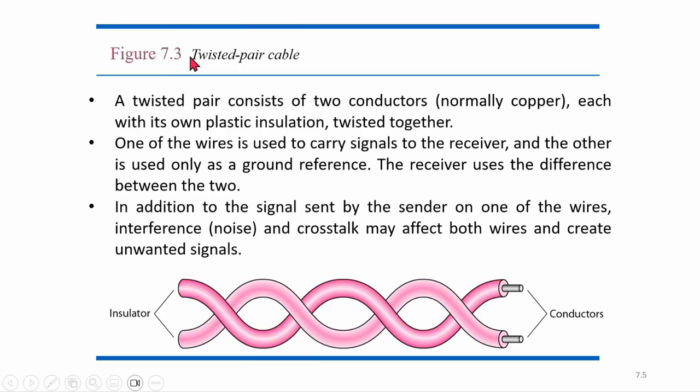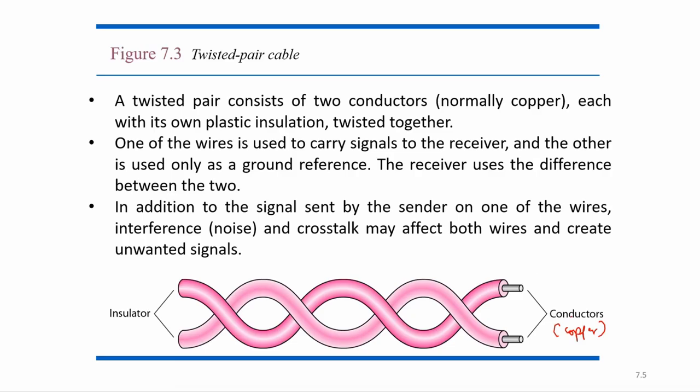The first one that we will be looking at is the twisted pair cable. The figure showing the twisted pair cable is like this. Here the wires are there, and in each wire there will be a conductor, which will be nothing but a copper conductor.